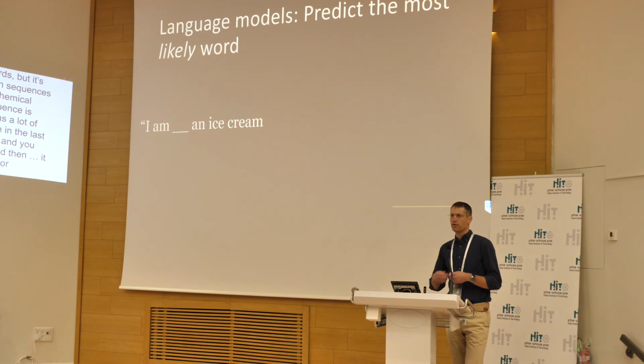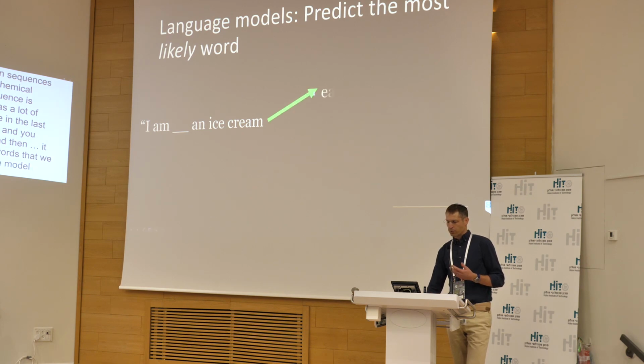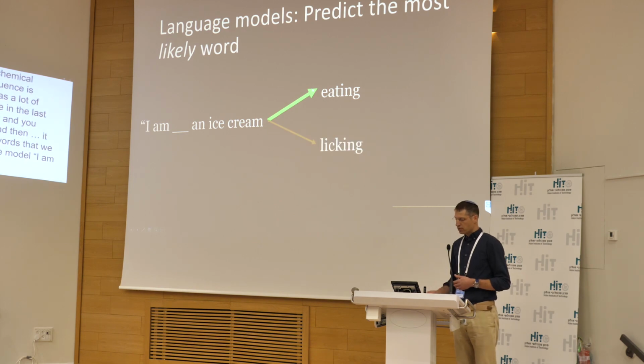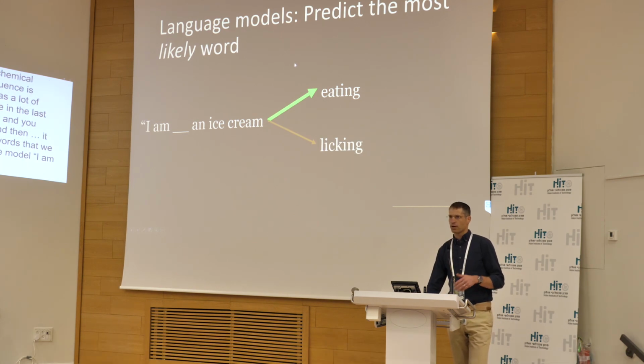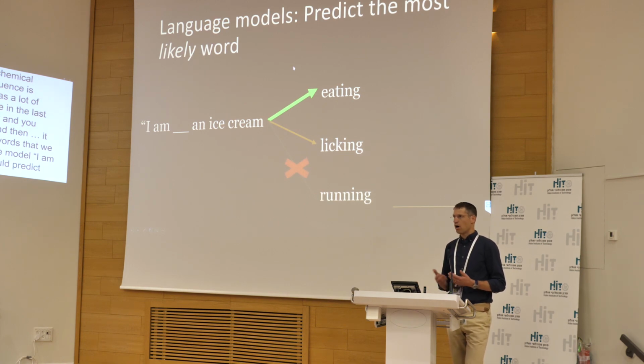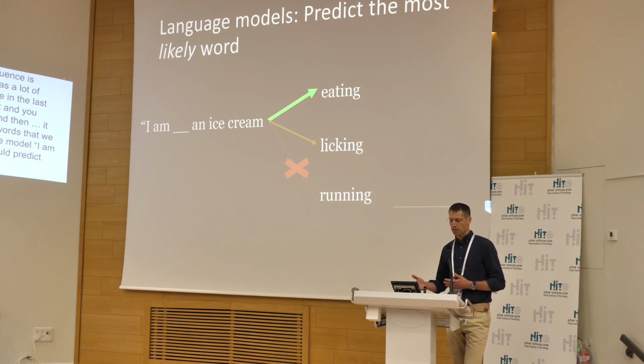For example, if I give the model a sentence with a missing word, I am blank an ice cream, the model should predict I'm eating an ice cream. Maybe there is another option like I'm licking an ice cream, maybe with a lower probability, but other words are not possible. It should get a 0 probability for I'm running an ice cream.